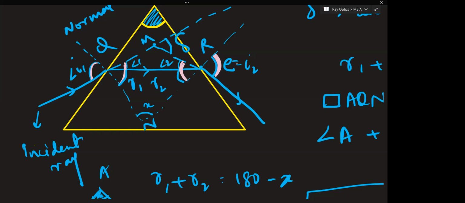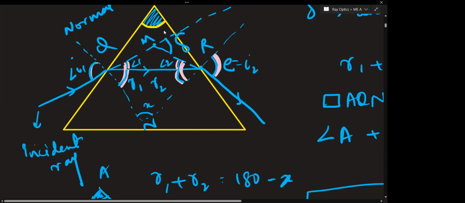Now this angle of incidence, the vertically opposite angle, is made up of angle 1 plus R1. That makes this complete angle, which is equal to the angle of incidence. Similarly, here angle 2 plus the angle of refraction R2 makes up the emergent angle, equal to this complete angle because of vertically opposite angles.